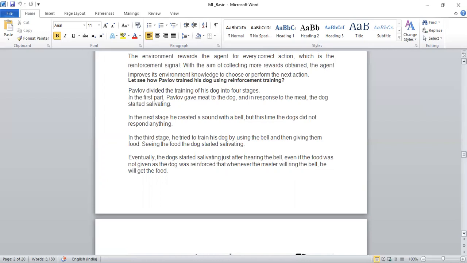In the third stage, he tried to train his dog by using the bell and then giving them food. Seeing the food, the dog started salivating. And eventually the dog started salivating just after hearing the bell, even if the food was not given, as the dog was reinforced that whenever the master rings the bell, he will get the food.